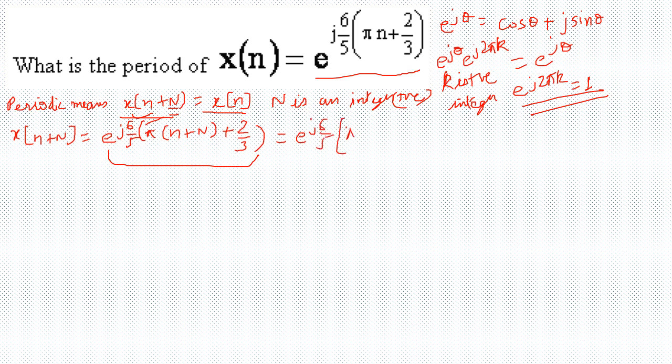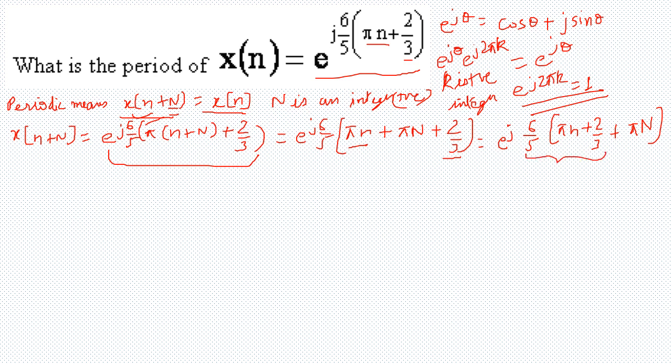We can take the π inside, and 2/3. You can see here that πn and 2/3 are already there. So we can write it like this: e^(j(6/5 πn + 2/3 + 6/5 πN)).